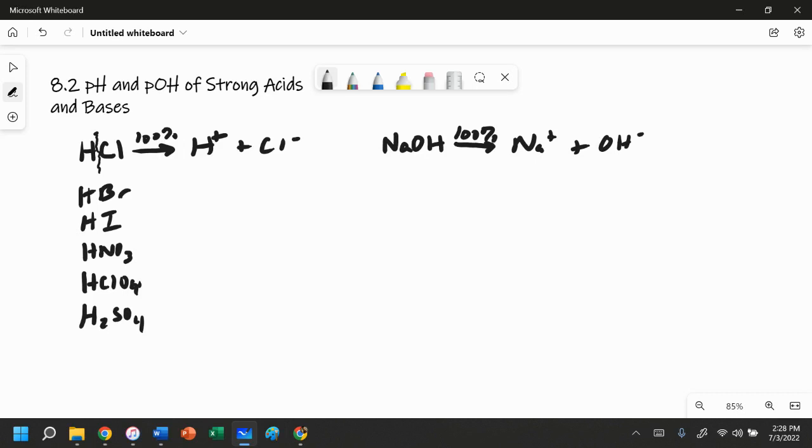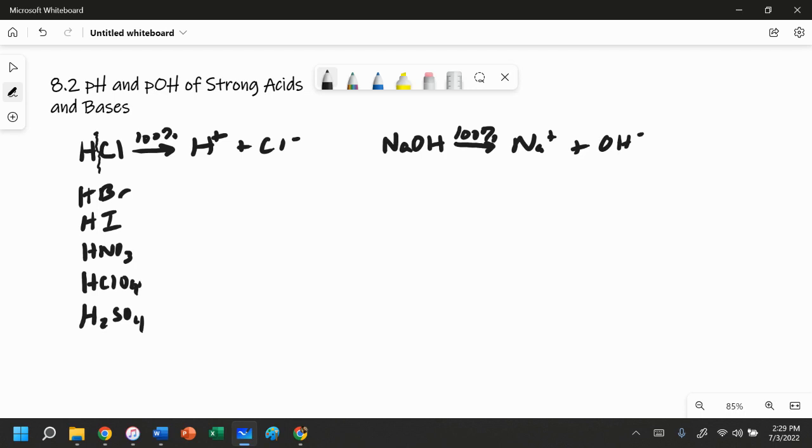So sodium hydroxide, just like sodium bonded to any negative ion, is going to be 100% soluble and dissociate 100% into its ions. Again, if you started with 30 formula units of sodium hydroxide and put them in water, they would completely break apart and you would end up with 30 sodium ions and 30 hydroxide ions.